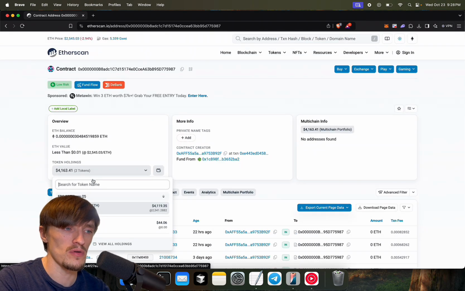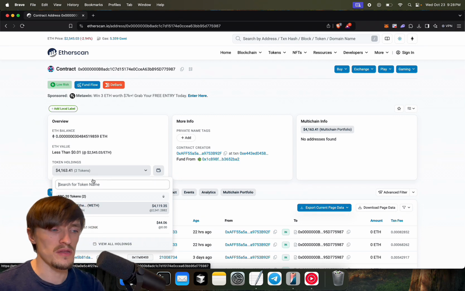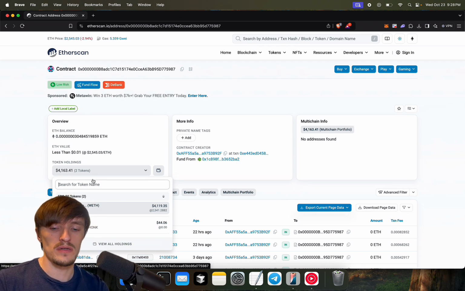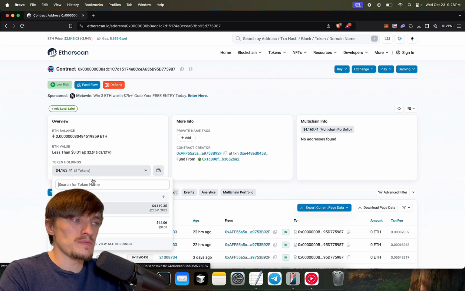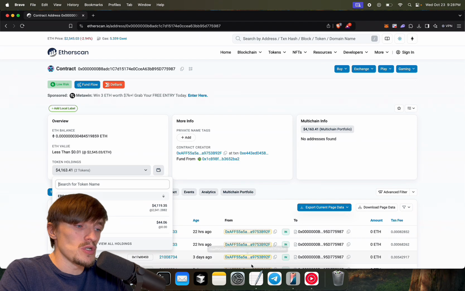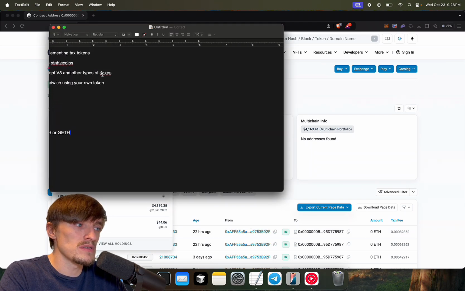The bot has been running for a year or so. After I made some changes, I deployed this new one, which has been running for 4 months, but before this one I had another one that ran for a year or so. The reason I deployed this new one is that it has some improvements that make the bot more profitable. So overall, in short, if you want to create your own MEV bot, this is how it looks.